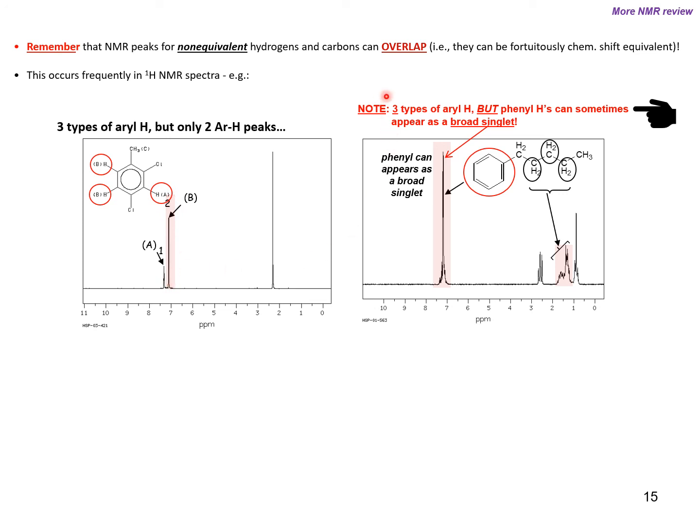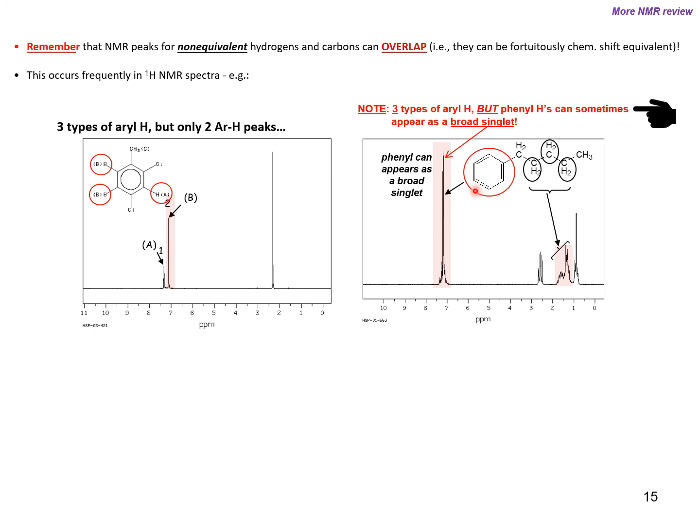The other very important one I want to point out is when you have benzene as a substituent. That's called phenyl, right? A phenyl group. When there is a simple alkyl group attached to it, we do not have a strongly electron donating or strongly electron withdrawing group. It turns out that even though you have 3 types of hydrogen on a phenyl, they just happen to have the same chemical shift.